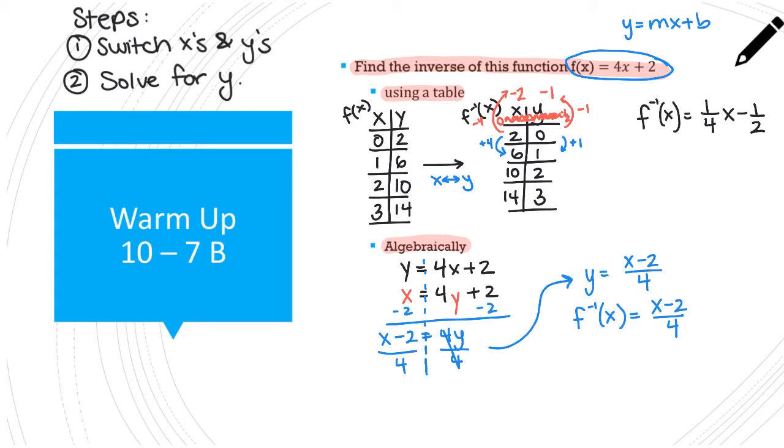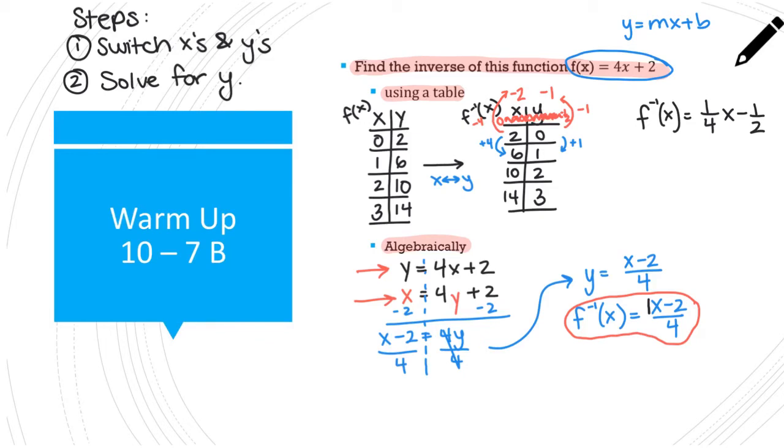For algebraic, I started with my equation, and then I switched my x's and my y's, and then I went through the solving process in order to get y by itself. A couple things to mention. One, this is an answer. The inverse is x minus 2 divided by 4, but if we wanted it to look like something that was in mx plus b form, I would first imagine that I have a 1 on top or next to that x.